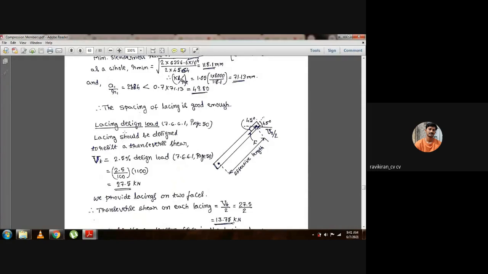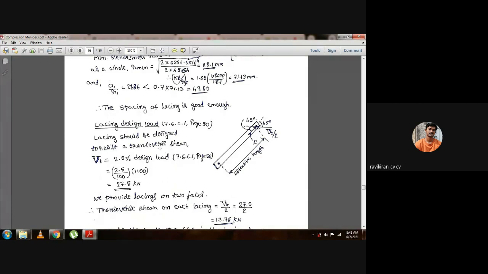So the lacing design, how much load we should consider for the lacing? I told you in the beginning itself, 2.5% of the actual load or 2.5% of the design load. In the question itself, it is given 1100 kilonewton is coming. So this VT is nothing but transverse shear.